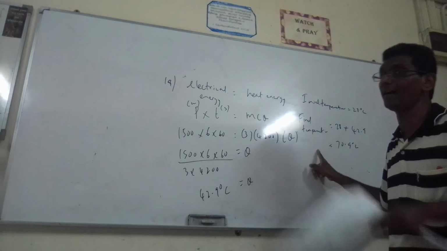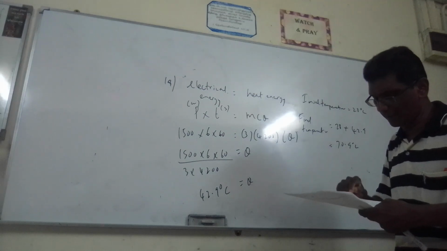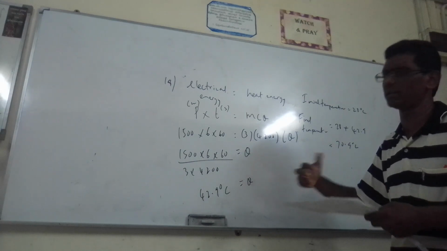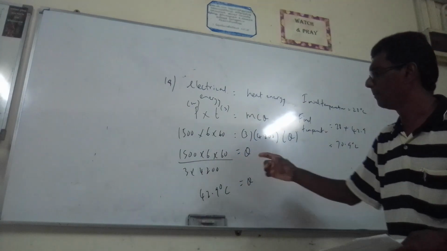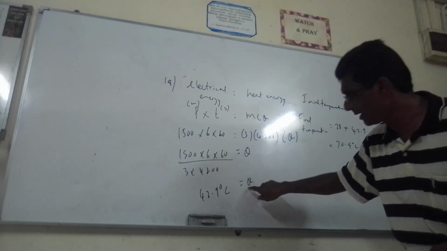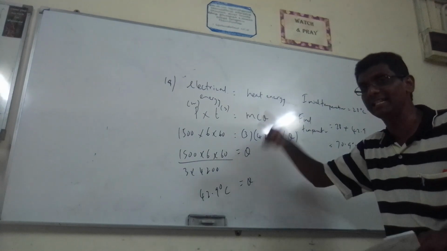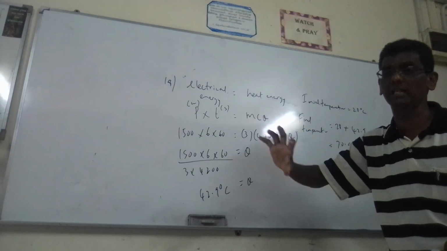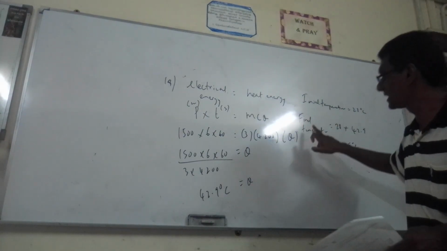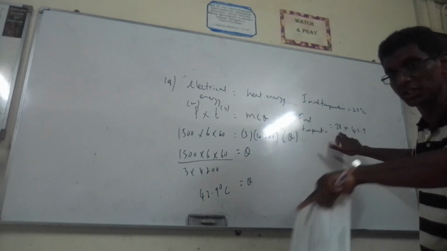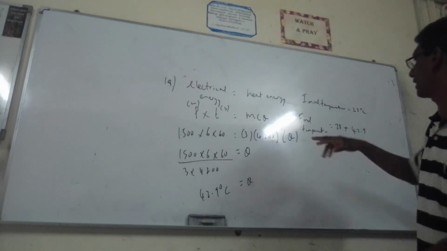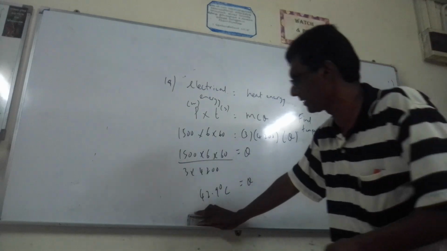But here they are asking for the final temperature, unlike question 25, where they ask for the rise in temperature, which is very straightforward, 22.9. In question 19, they are asking for the final temperature. Theta means the rise in temperature, so the final temperature must be the initial temperature plus the rise in temperature 42.9. So the final temperature is 70.9.